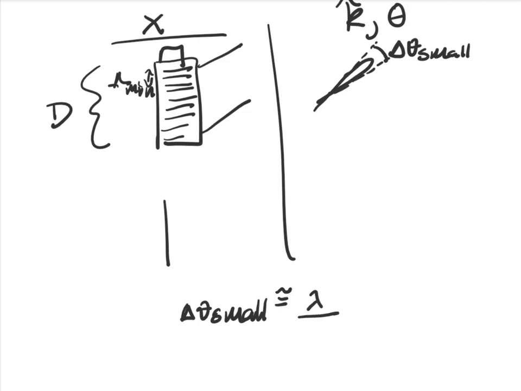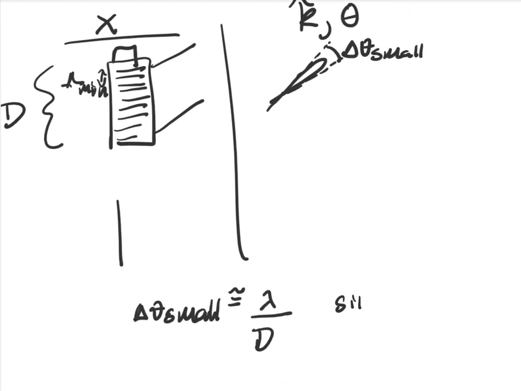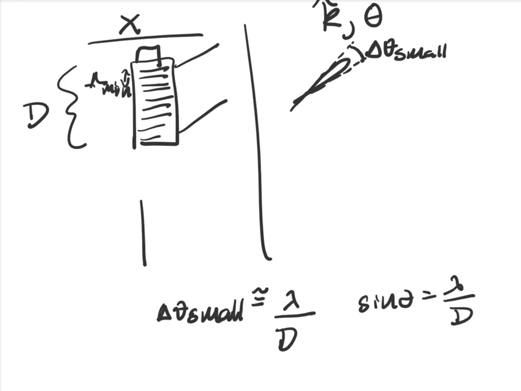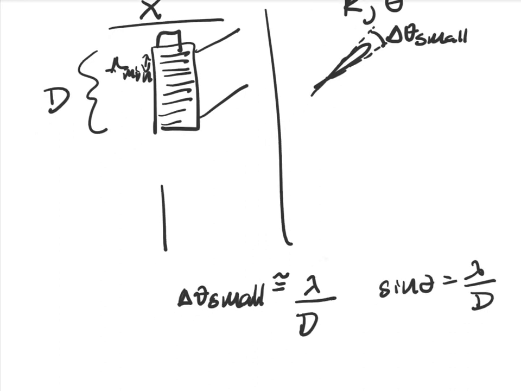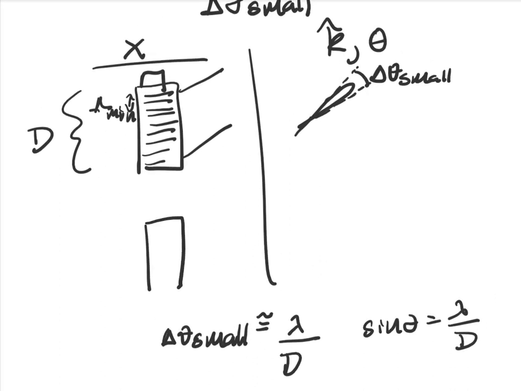And that theta small, for small angles, is going to be approximately equal to lambda over big D. This should be familiar. This is sine theta equals lambda over D from our multiple slit interference equation.